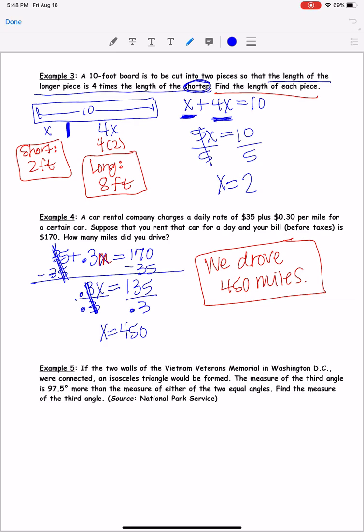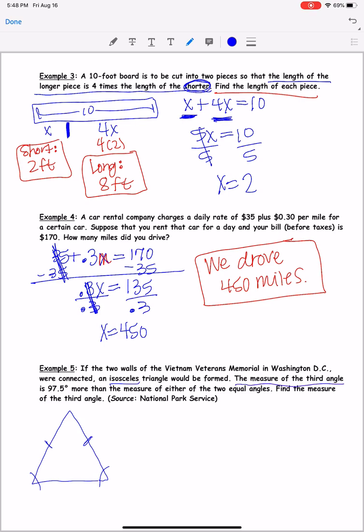Okay, this one gets me on my geometry itch. We have an isosceles triangle. Isosceles just means you have two sides that are the same. So because those two sides are the same, these angles are also the same. So it says the measure of the third angle, I'll go ahead and underline this.